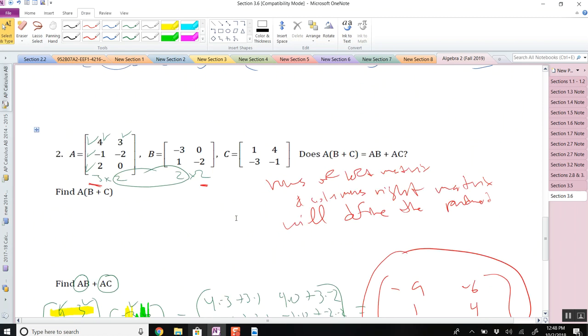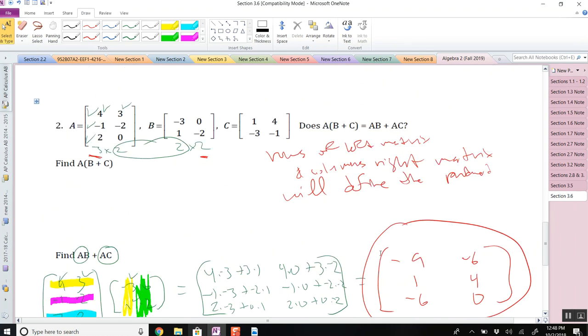And let's actually take a look at what happens here. If I do A times B plus C, B plus C is going to be -2, 4, -2, and -3. And just to save a little time, I'm going to do this in the calculator. You can actually maybe pause the video and see if you get the same result as I do.